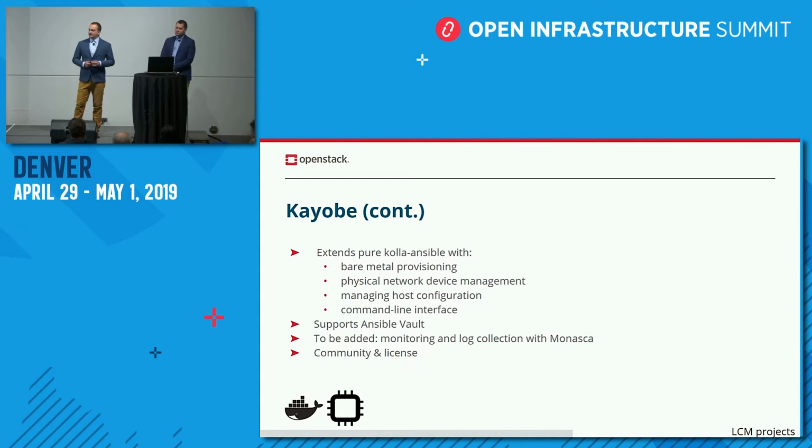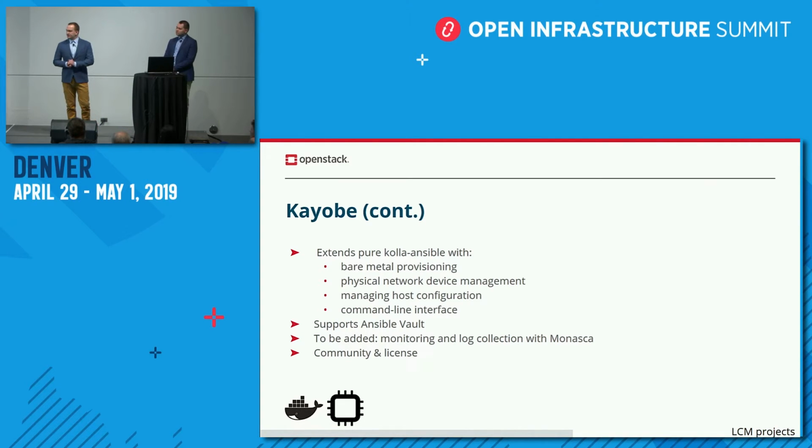Moving on to the next point, KOB cooperates with Ansible Vault to enable encrypting the configuration for safety reasons. I would like to mention one feature that is going to be added, which is really nice. It is utilizing Monasca for log collection and monitoring.